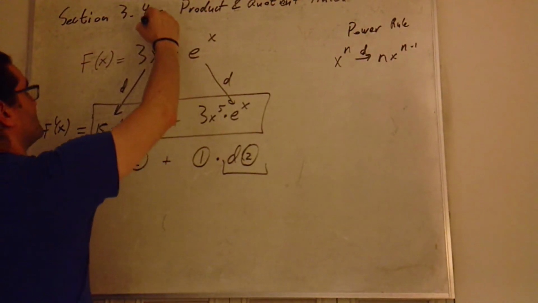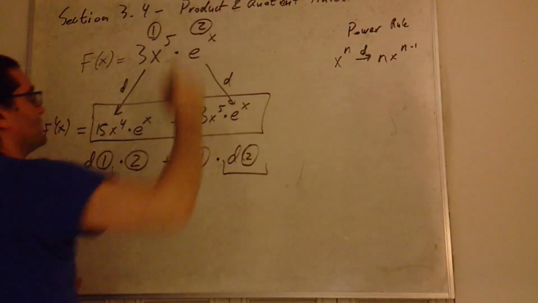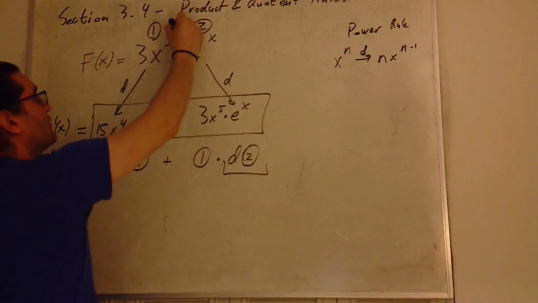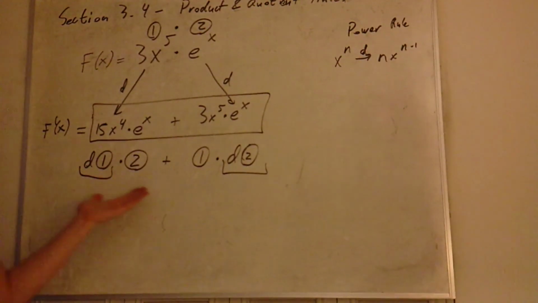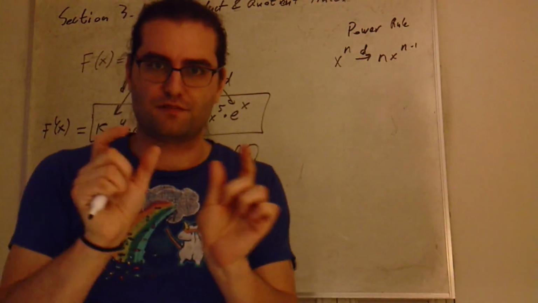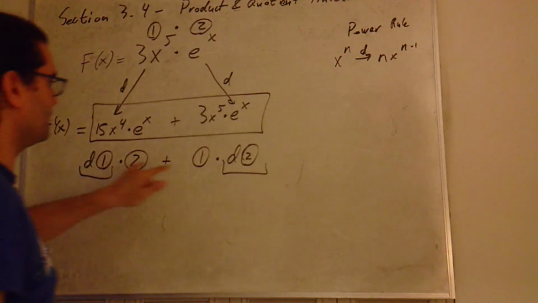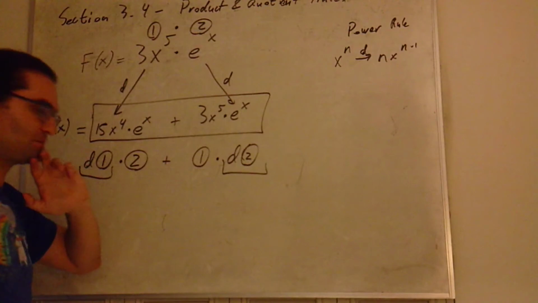That comes from this being the original first, and this being the original second. So this is how I think about it. I think about it using the words first and second, because it's a product, there's two pieces, first piece, second piece. And I think about it in terms of derivative of the first and the derivative of the second.